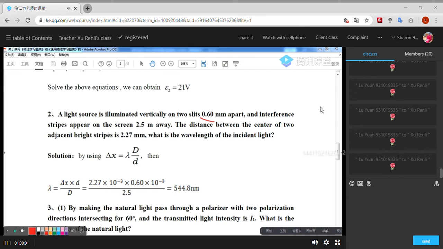Interference strips appear on the screen 2.5 meters away. The distance between the centers of two adjacent bright strips is 2.27 millimeter. What is the wavelength of the incident light?